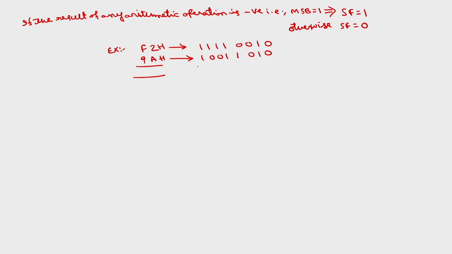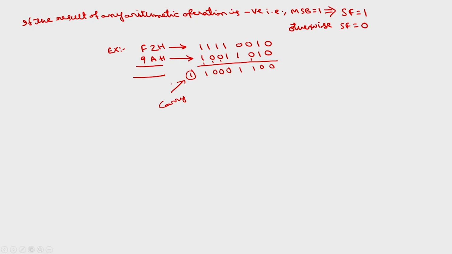If we add this: 0, 1 plus 1 is 10, 1, 1 plus 1 is 10, 1 plus 1 is 10, 1 plus 1 is 10, 1 plus 1 is 11. This is the carry. So, the carry flag will be set.